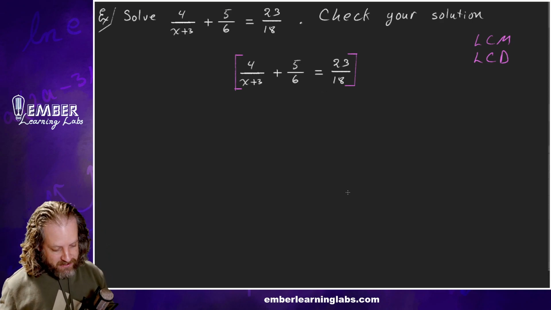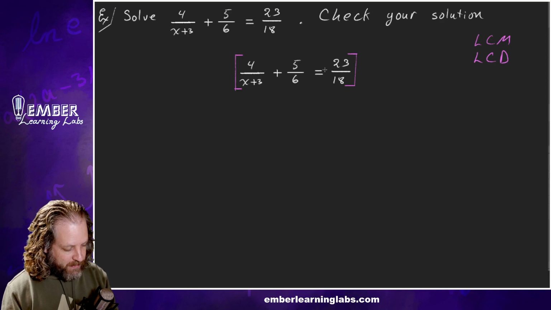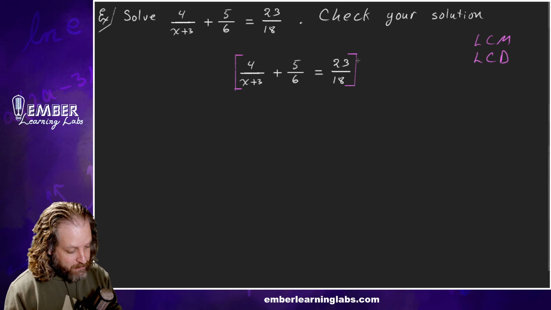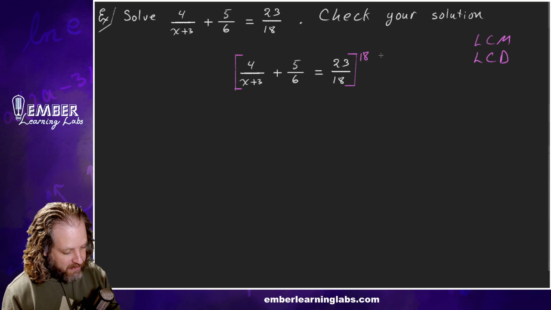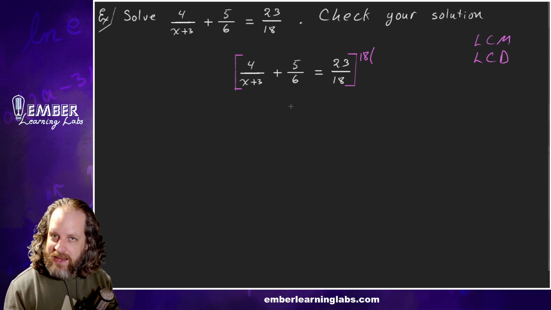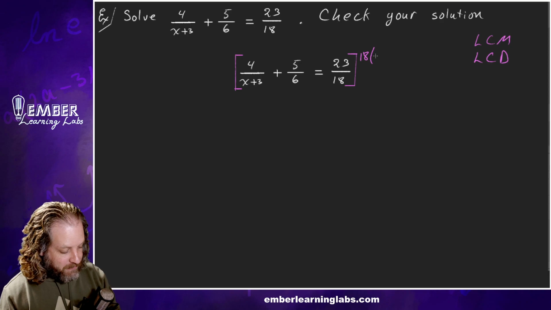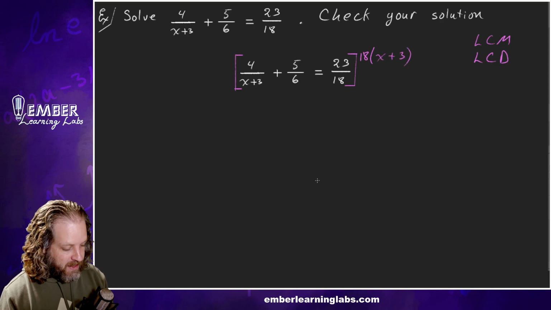So if that's true, then the least common multiple between these numbers is just the bigger number, 18 in this case. And then times any expressions we have, we're just going to list them all. We don't have to duplicate them unless they're in the same fraction. So x plus 3 there.